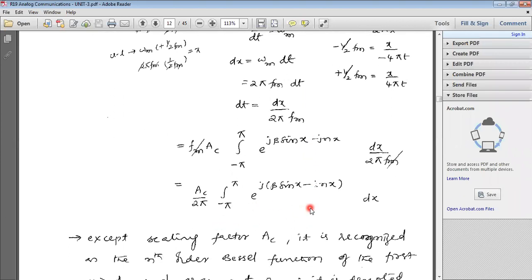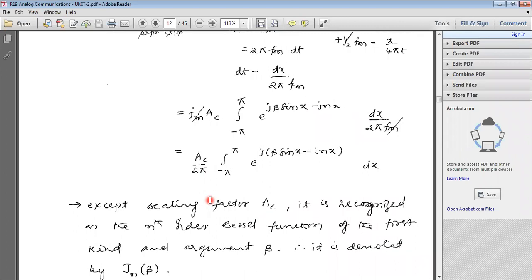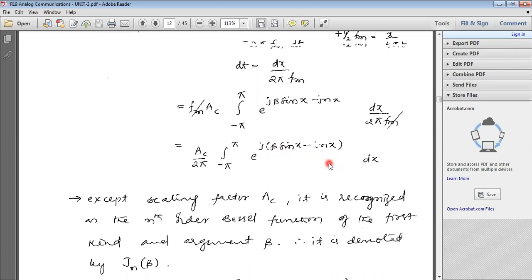Cn becomes like this. So it is the same as the nth order Bessel function, which has the argument of beta, with a scaling factor of AC. So in place of 1 by 2 pi into the integral of minus pi to pi e power j into beta sin x minus jnx dx, we substitute Jn beta.